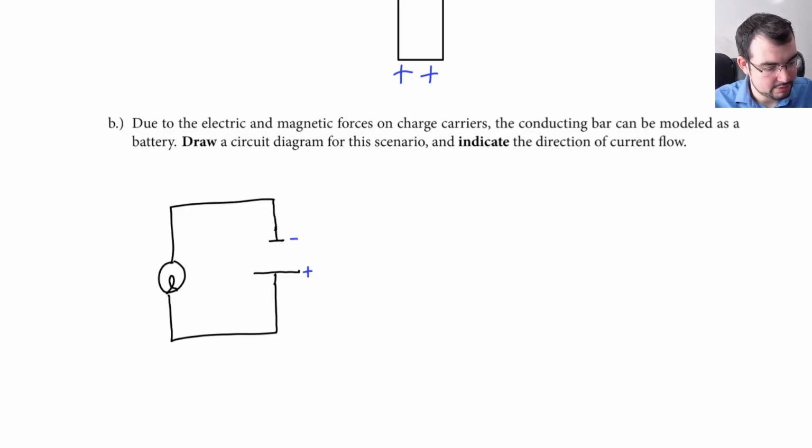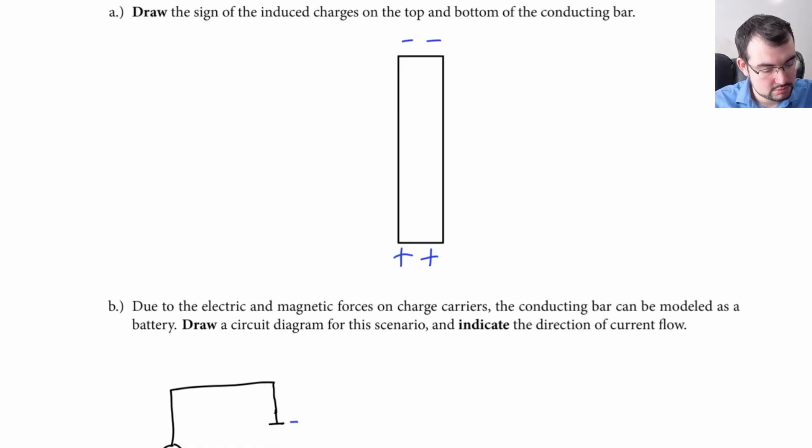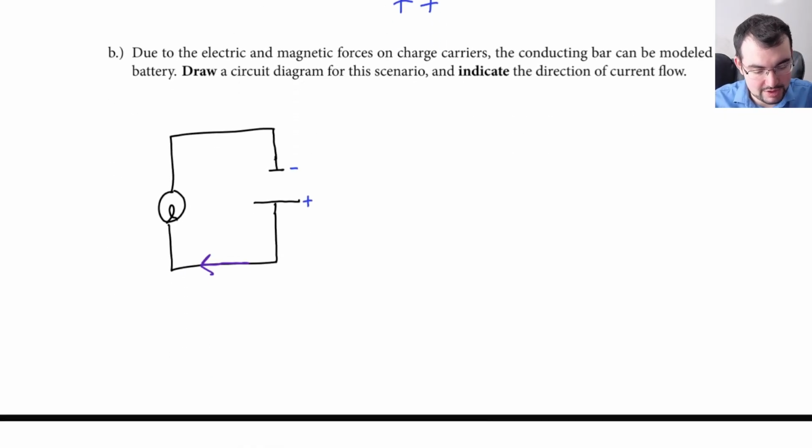So what is that going to do? Well, we know that current is going to start to flow. We have a completed loop. So it's not just the Hall effect where we have a voltage, but we have a loop. So we actually do get a current that's going to flow, and this is going to be clockwise. Hardest part, man.